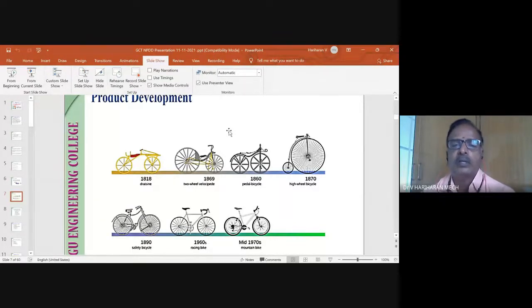Before 1980, we had only a few cars in the market: the Ambassador, the Fiat, and one more lengthy car, the Lancelot. Only a few cars were available: Premier Padmini, the Fiat car and the Ambassador. Only these cars were what we saw in the market for a longer duration after the independence of India.